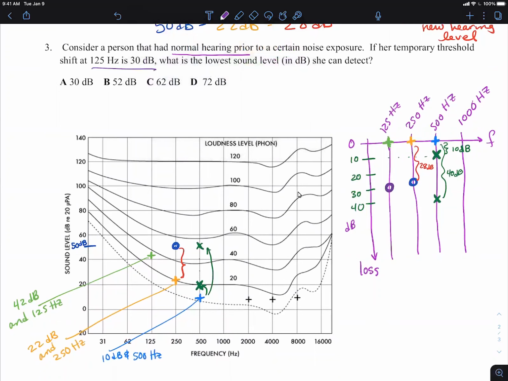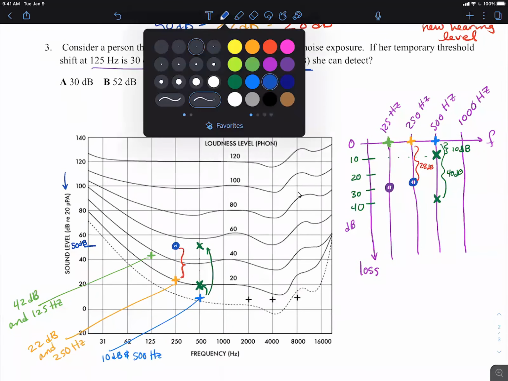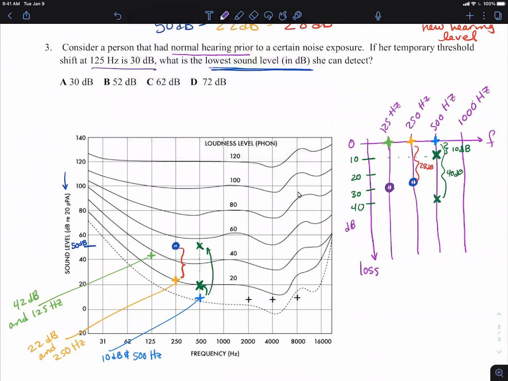Okay, and then you're being asked, what is the lowest sound level? So this again is over here on this vertical axis. Having this circle on the audiogram at 30, at 125 hertz, means that the person went in for a hearing test and they put in 42 decibels at 125 hertz and they couldn't hear it.